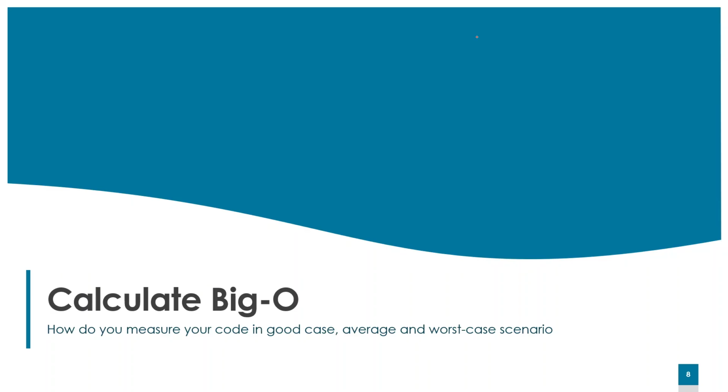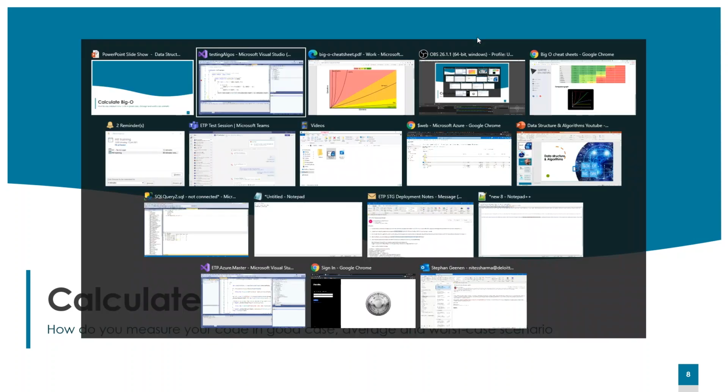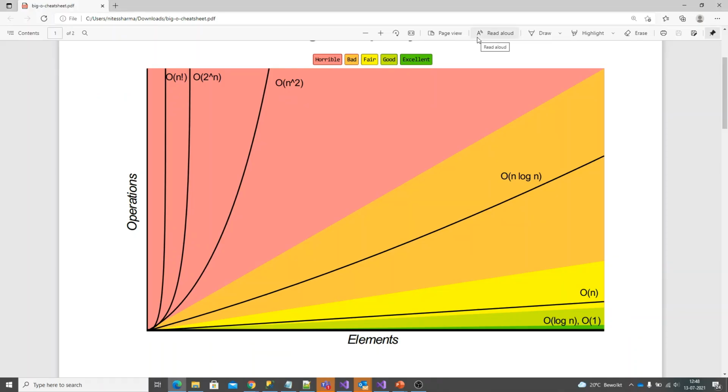So how do you measure big O? How do you calculate big O notation? How do you calculate time complexity? Let's go here. This looks really horrible. What you see here is order of 1 and order of n log n.